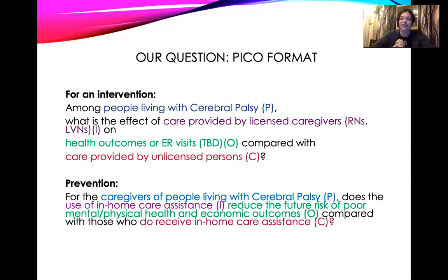On the other hand, as far as prevention goes, this says for the caregivers of people living with cerebral palsy, right? So this is not the people themselves, but the people who take care of them, usually parents by and large. Does the use of in-home care assistance, like a CNA or an LVN or an RN, reduce the risk of poor mental, physical health, and economic outcomes compared to those who do not receive in-home care assistance? So we're not talking about poor mental and physical health and economic outcomes for the people with cerebral palsy.